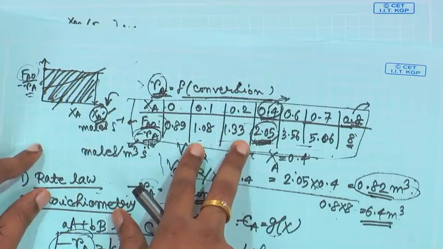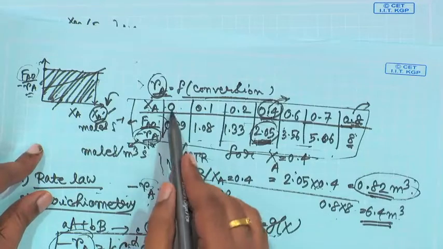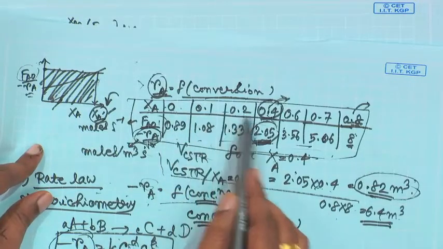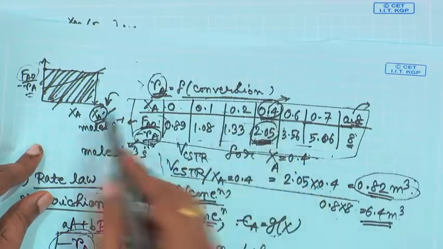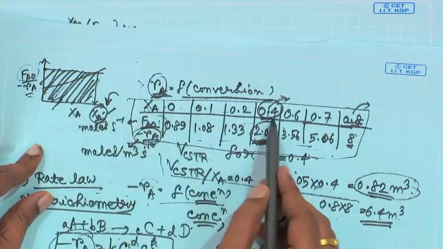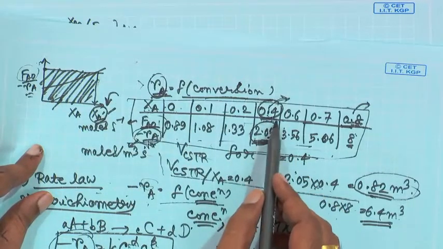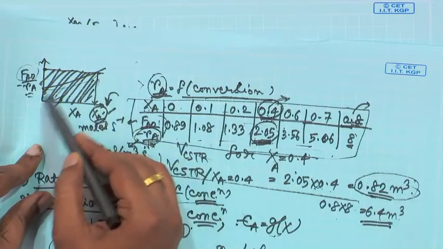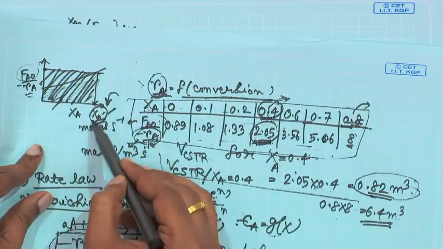Okay. So, say if you have 0, 0.1, 0.2, 0.4, suppose you want to find out the integral where the conversion is 0.4. So, for PFR then you have to find out the area under the curve up to the point where it is 0.4.